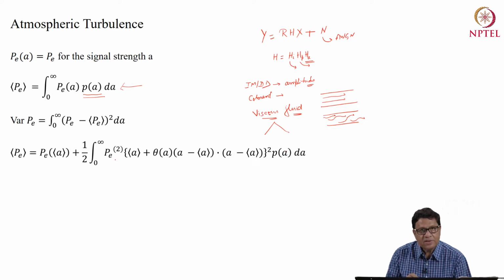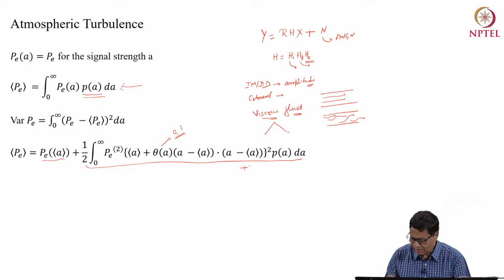There is a second derivative term, that is d square P_E by dA square, evaluated at the ensemble average of the received signal plus theta A, where theta takes any value from 0 to 1, and then the rest of the quantities. And you can see that the average P_E will always be greater than P_E at the average signal strength, because this function is positive.